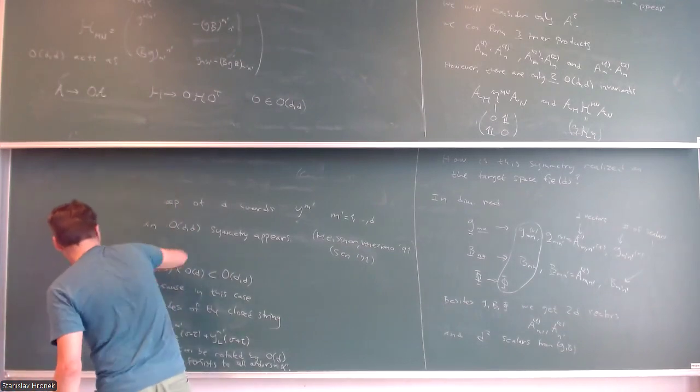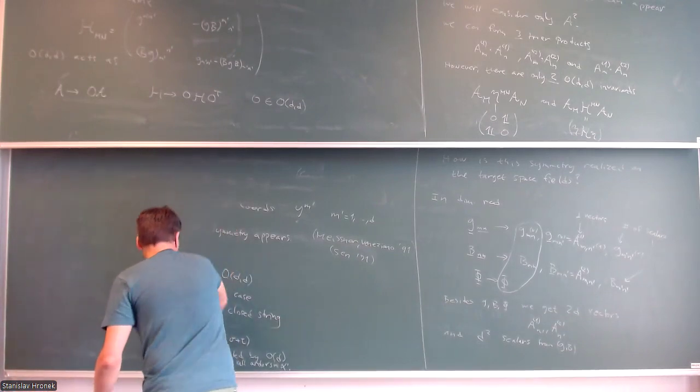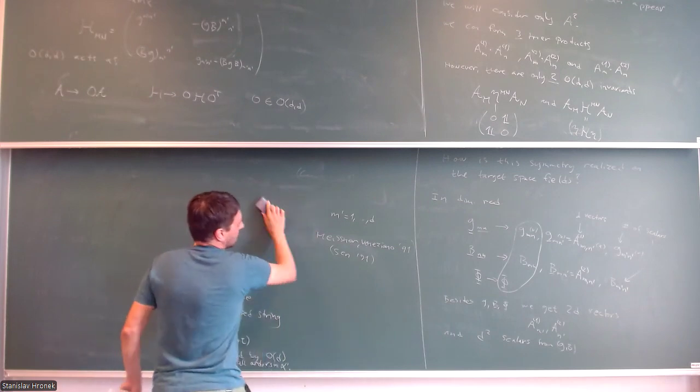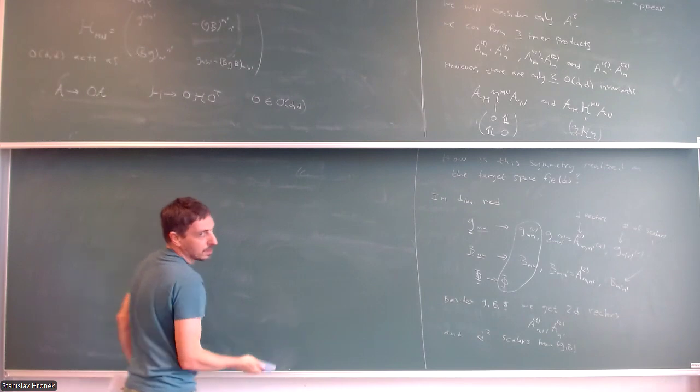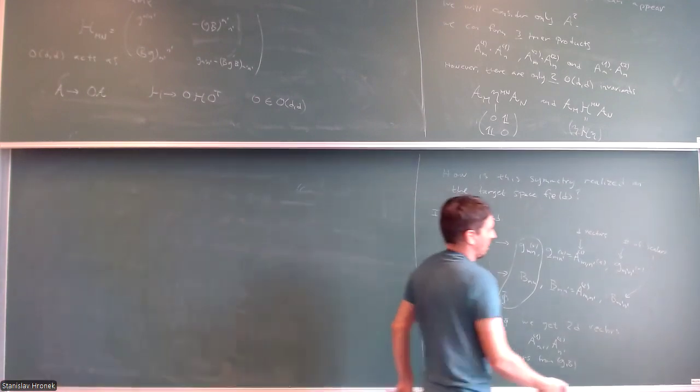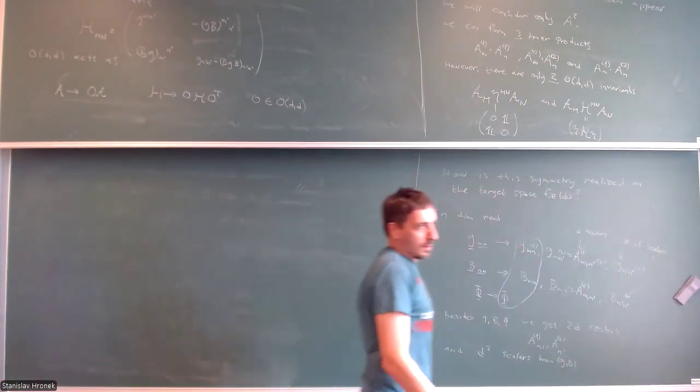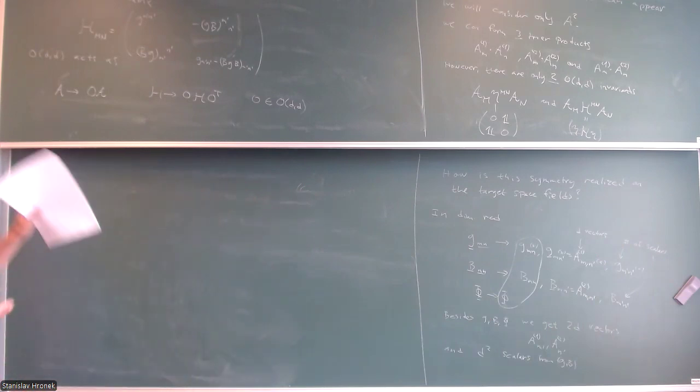Here you can see the basis is different because of the split signature. If you have the basis that I was thinking of, it would be 1, minus 1. You take linear combinations. This we'll do very shortly.